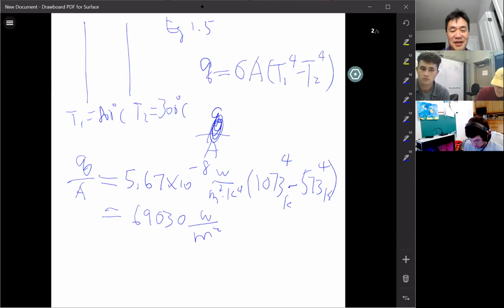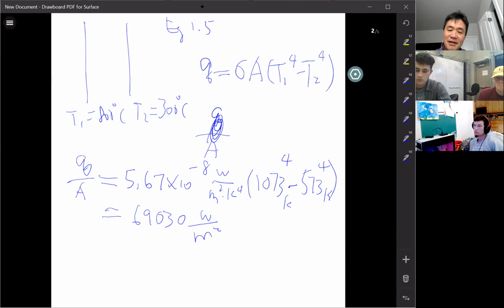At the end, if you want to convert to kilowatt, go ahead, but during the calculation, be careful. So it's equivalent to 21,884 BTU per hour per feet square. Doesn't matter, you can convert.